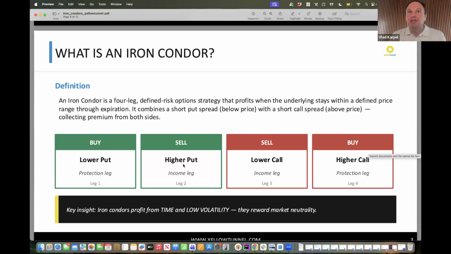Usually, unless you're an experienced trader with a large portfolio, you do not want to sell naked calls and naked puts. If you want to collect more premium, you have a large portfolio and you've been trading for 10 years and you understand the risk of short options, then you don't have to hedge. You just sell a put, you sell a call, and as long as the market is range bound, you're collecting more premium.